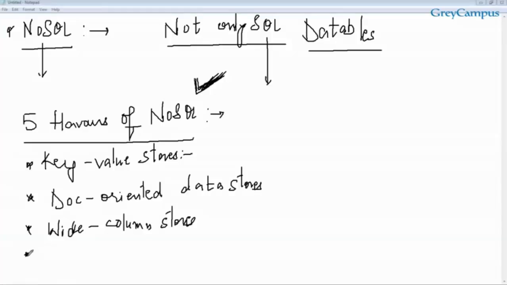Wide column stores. Then we have the graph data stores. So these are different types of NoSQL databases we'll find.